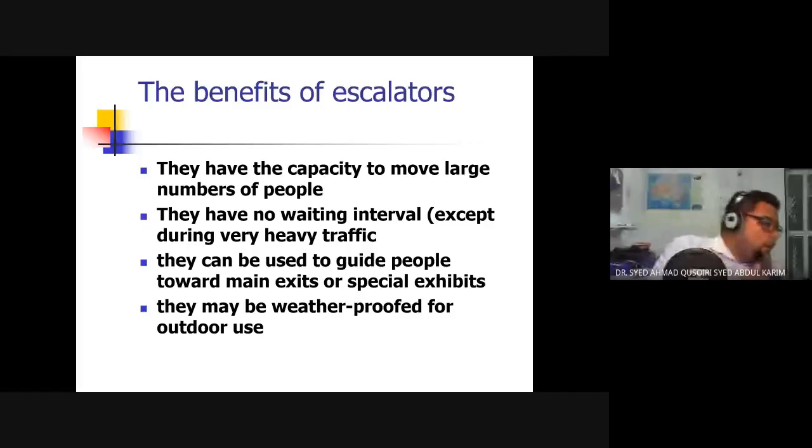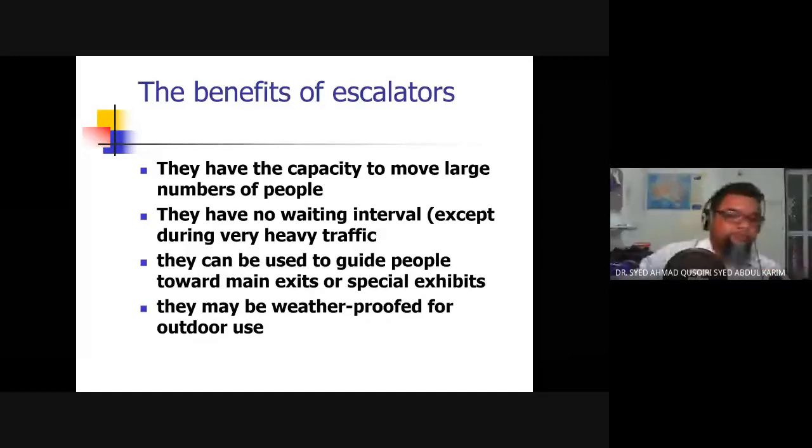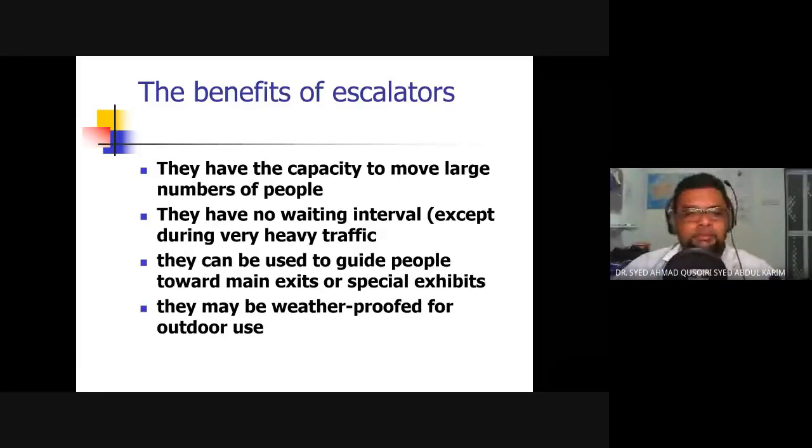There is no waiting interval except during very heavy traffic, if everybody wants to use the escalator at the same time. Then there will be a bit of a traffic jam, especially near the landing or the entrance of the escalator.